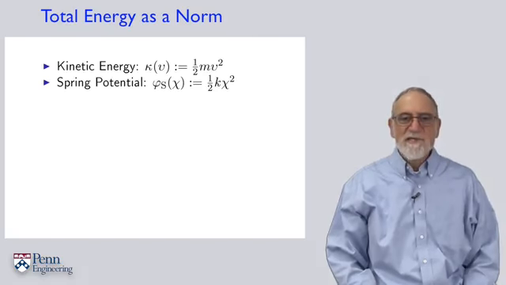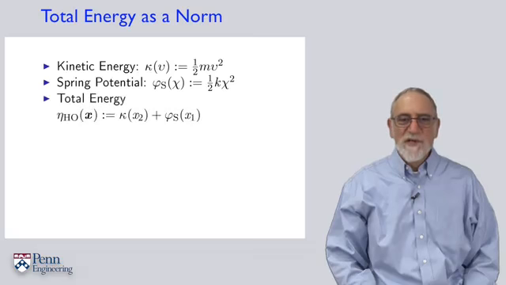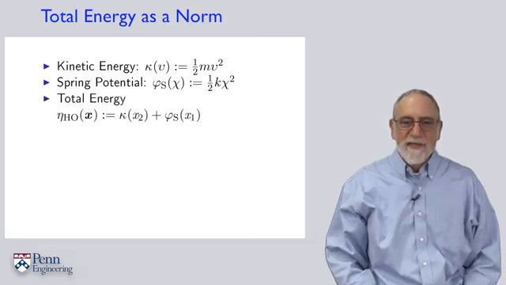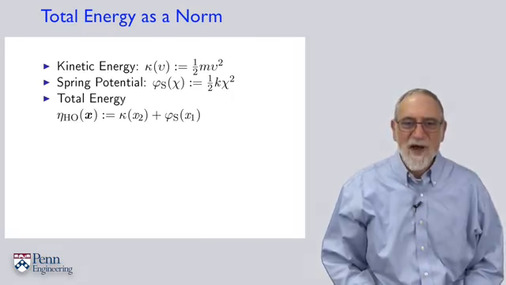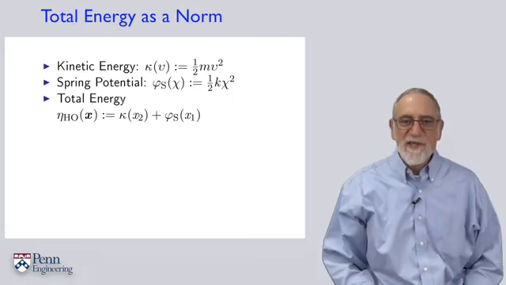Let's take the sum of these two functions, and we realize that kappa of x2, remember what x2 is? X2 is d by dt of chi, which is v, plus phi sub s of x1. You remember what x1 is.